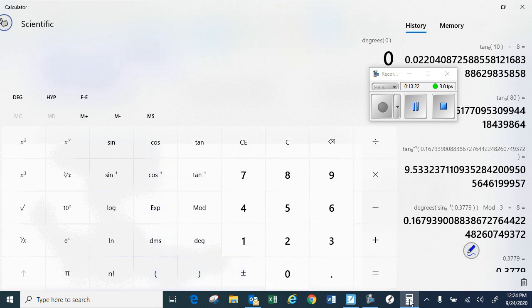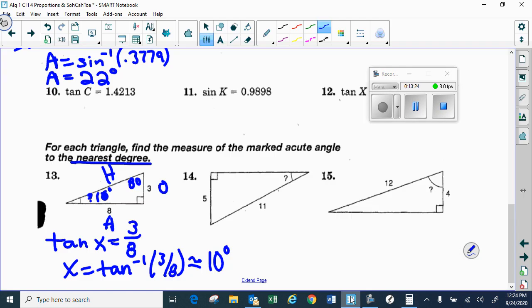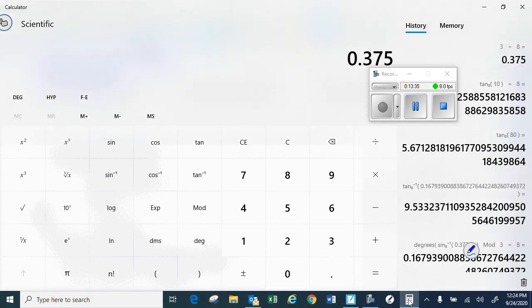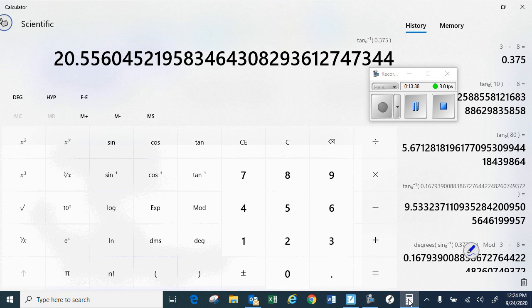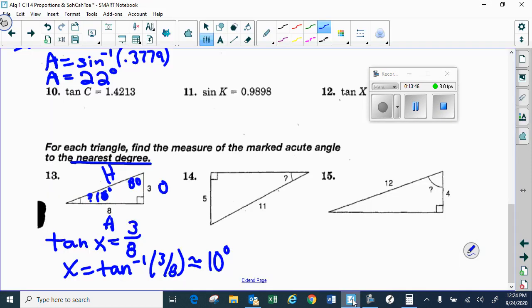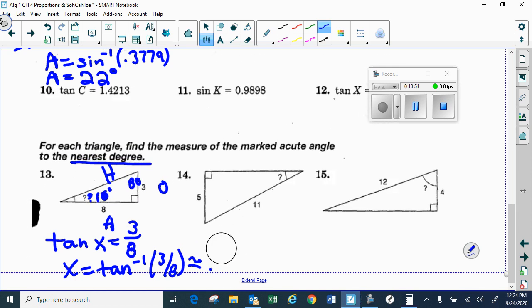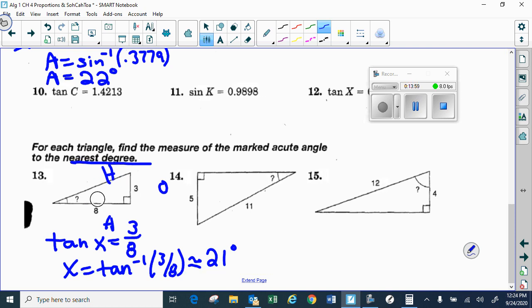Okay, back here. Inverse tangent of 3/8, so 3 divided by 8 equals that. Inverse tangent. Oh, inverse tangent. I must have hit tangent. Okay, 20.55 is 21 degrees. That's why it's off here then. 21 degrees. Okay, that's why this didn't work out when I was checking it.